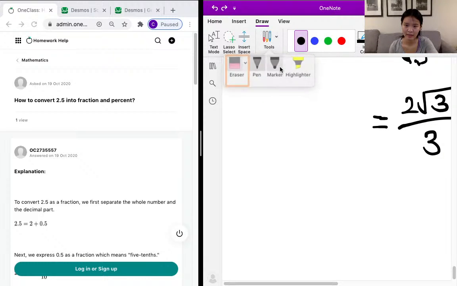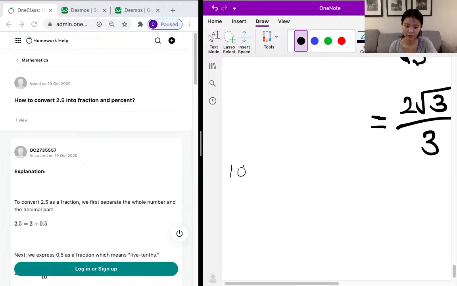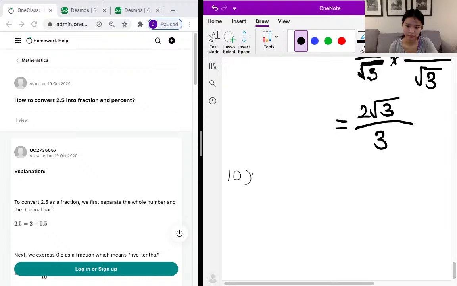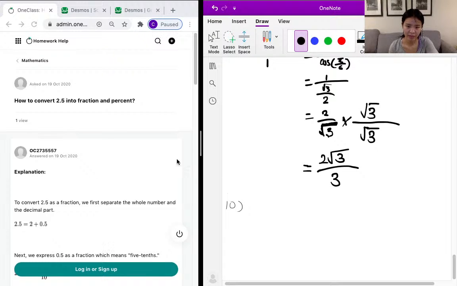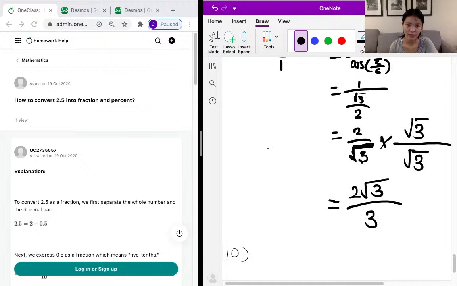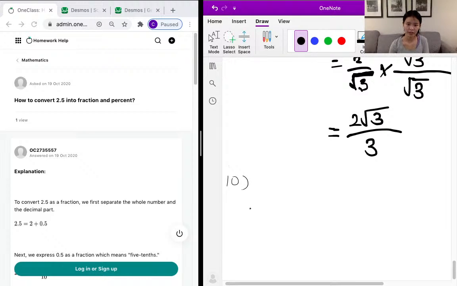Okay, let's switch back to a pen. Our 10th problem over here is asking us to convert 2.5 into a fraction and a percentage. So we're converting our 2.5 into a fraction and a percentage.